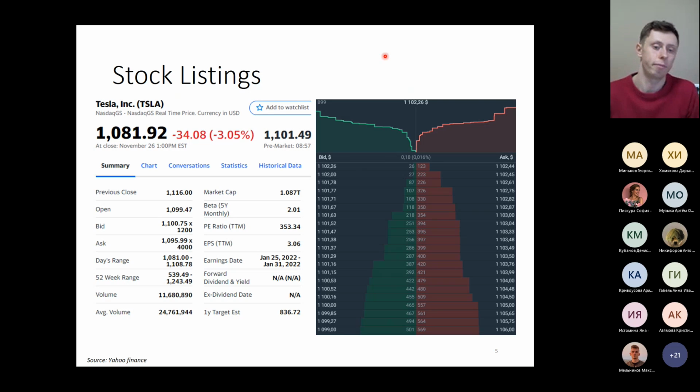These are screenshots. I took the left part from the Yahoo Finance website, and the right part is taken from the terminal of some brokerage firm.